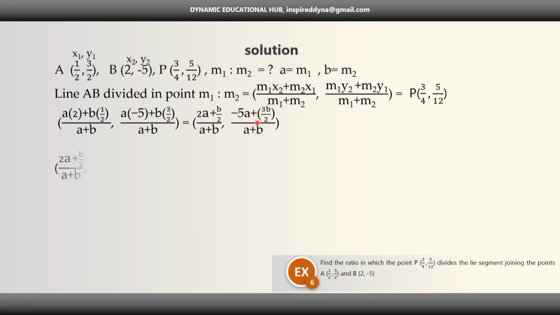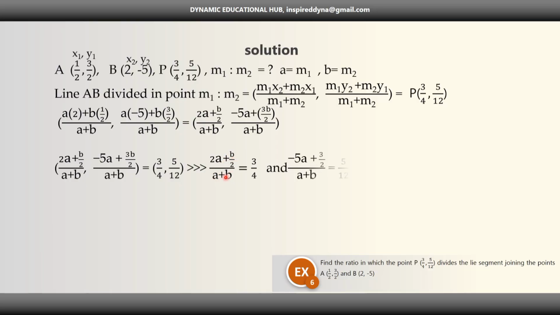So this expression will be equal to P, which is 3 over 4, 5 over 12. That implies that the first expression, 2A plus B over 2 over A plus B, will give us 3 over 4. And the other expression, minus 5A plus 3B over 2 divided by A plus B, will give us 5 over 12.